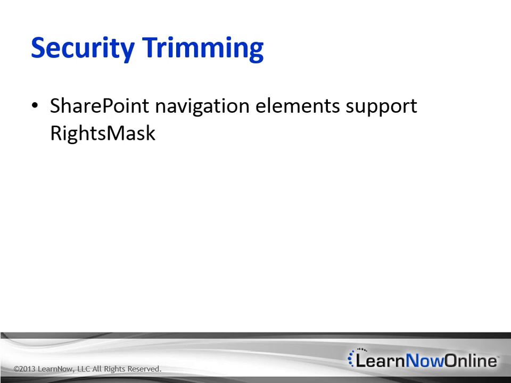Most SharePoint navigation elements support a rights mask, which consists of one or more SPBasePermissions values. When SharePoint renders navigation elements, like the quick launch or top navigation, it looks at that rights mask. If it determines that the logged-in user doesn't have the right permissions to see that link, it won't show it. It hides the content.